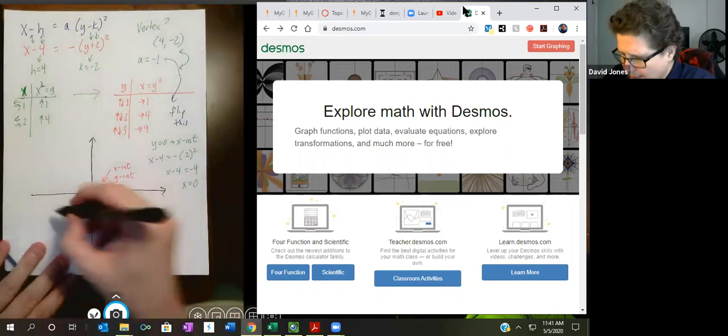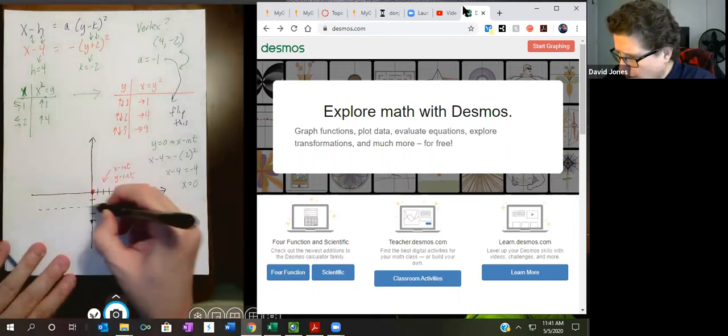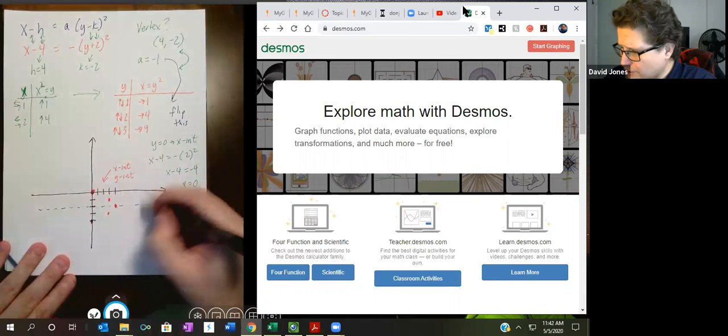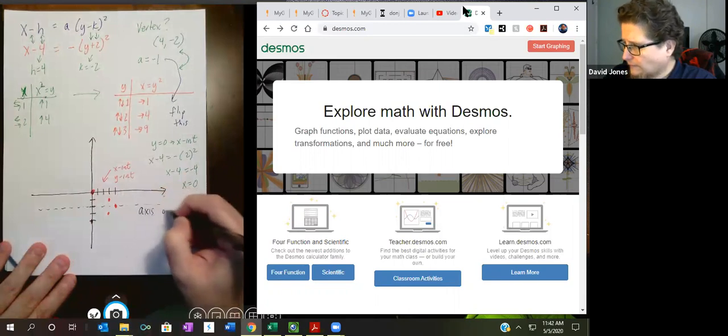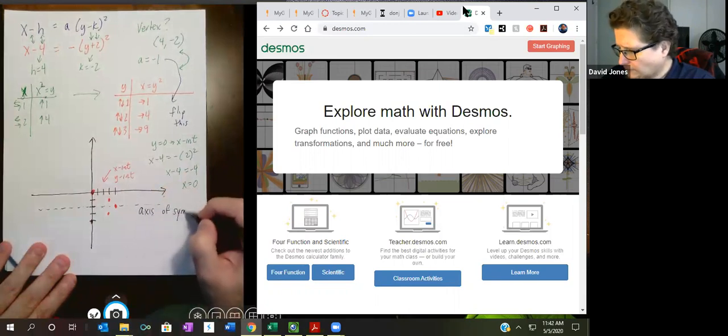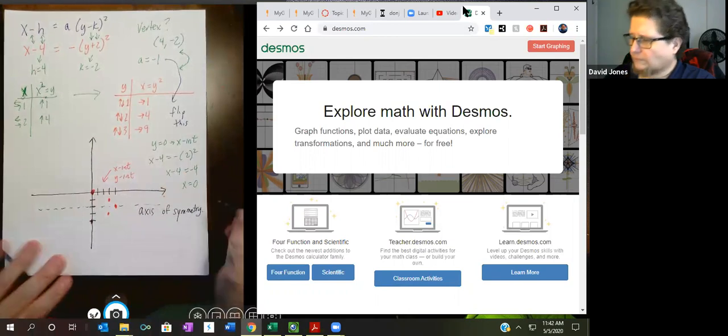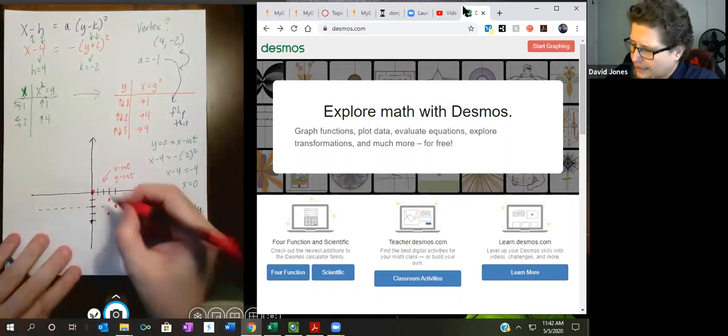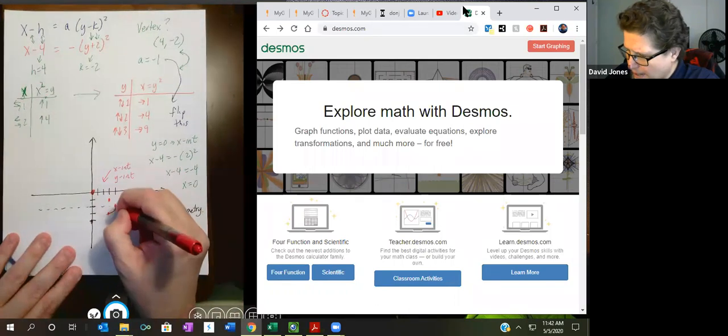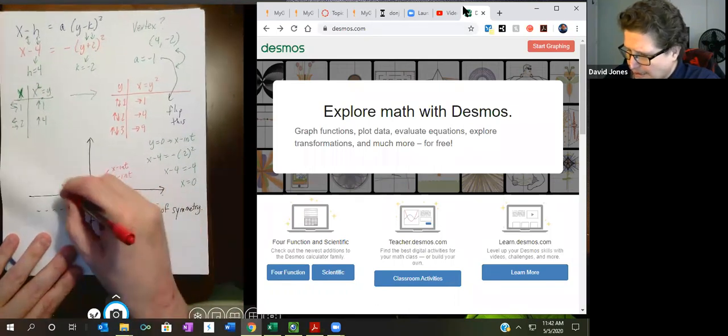That makes this line right here our axis of symmetry. And we can connect the dots. Remember to make it nice and rounded at the end. It's not a point.